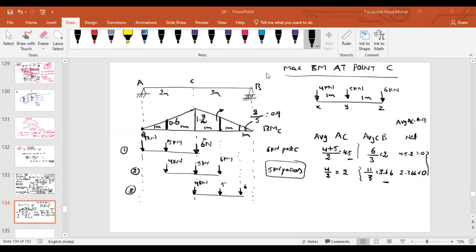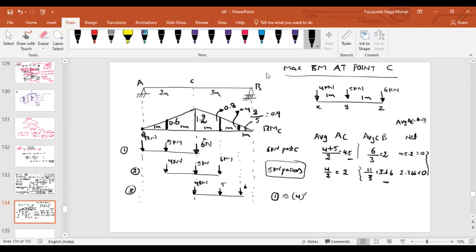I don't know why you guys are taking so much time for ordinates. 0.8, sir. Yes, thank you. And what about this ordinate? 0.4. Thank you.